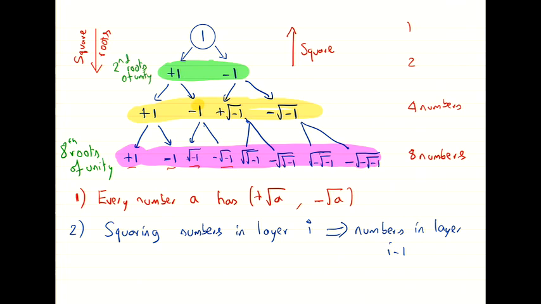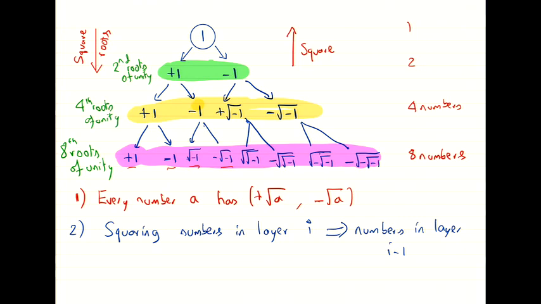Unity is 1, and so the square roots of unity are plus and minus 1. So they are the second roots of unity. If you take a square root of a square root, it's the 4th root, right? So these are the 4th roots of unity. And a square root of a square root of a square root is the 8th root, right?